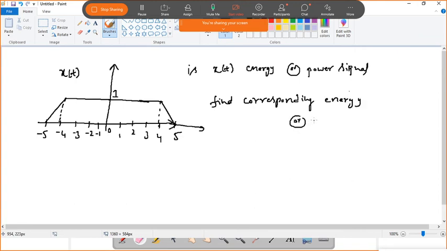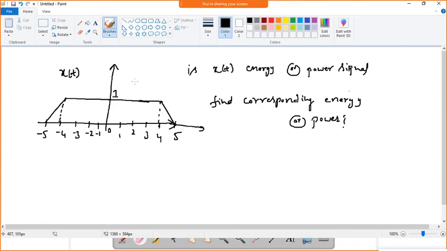So this is the actual problem. x of t is given by this signal, and you need to find whether this is an energy signal or a power signal. If it is an energy signal, you have to find the corresponding energy, or if it is a power signal, you need to find the corresponding power. So this is the actual signal. Whether it is an energy signal or a power signal, can anybody say?